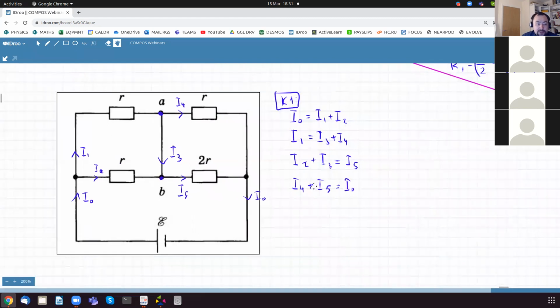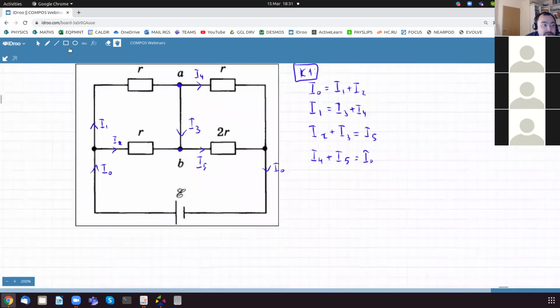Now let's look at Kirchhoff's laws. And interestingly, for Kirchhoff's second law, as you should know by now, the sum of voltages in a closed loop around a circuit is 0.